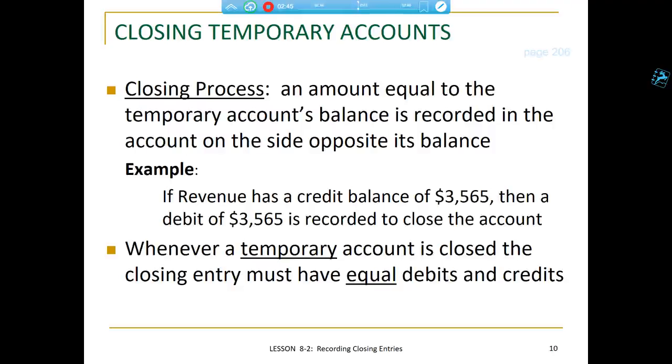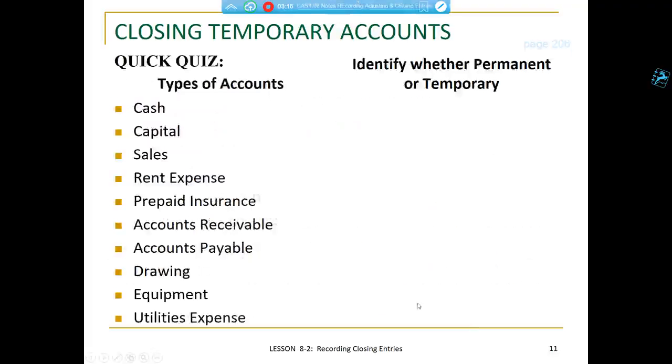If you think about the revenue account, it should always be a credit balance. So to zero the balance out, we do a debit to the revenue account, right? So if we have a $3,565 balance in our revenue account, and then we debit the revenue for $3,565, then that closes the balance to zero. And then we roll that into the capital account, ultimately.